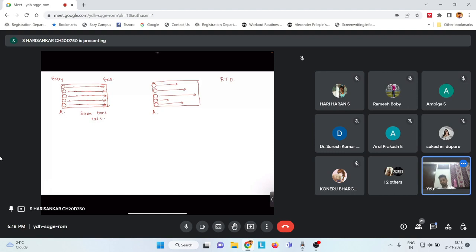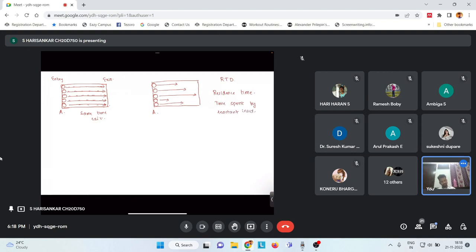One term that we need to address here is residence time. Residence time is basically the time spent by the reactant inside the reactor.